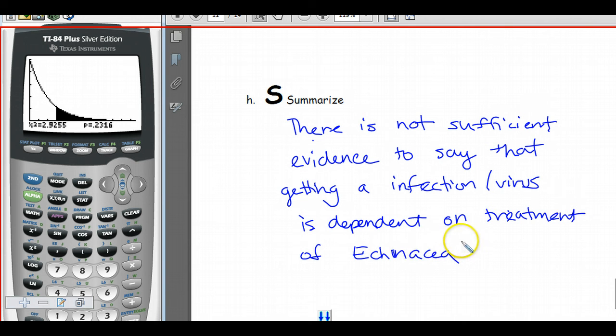If it's not dependent, then we would say that echinacea is not effective. It's not making a difference whether or not you get a cold.